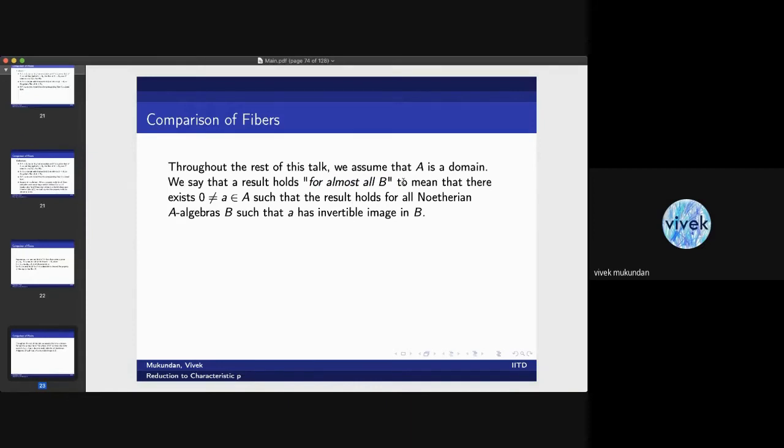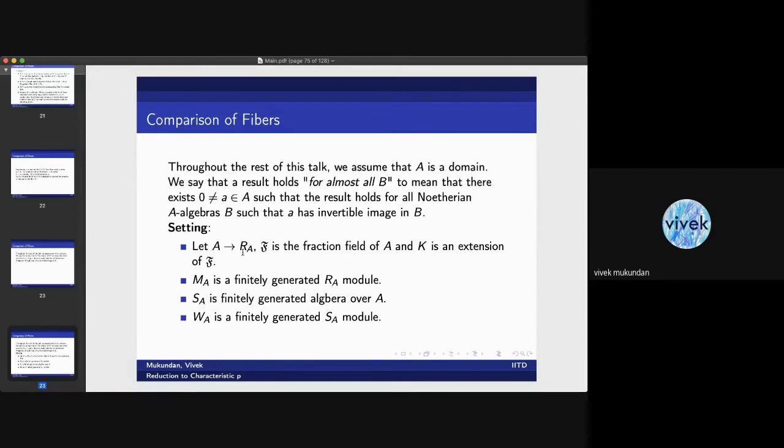So in the setting of the next theorem, you have A and RA, and FA is a fraction field of A, and K is an extension of F, and MA is a finitely generated RA module, SA is a finitely generated algebra over A, and WA is a finitely generated SA module.